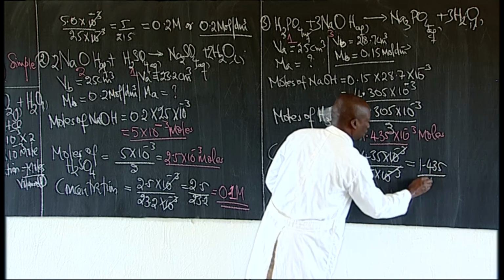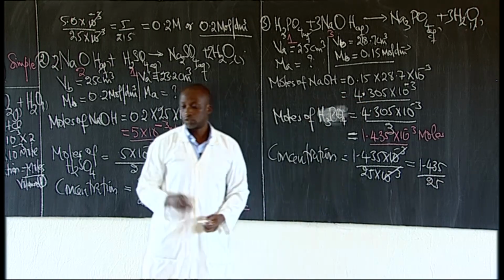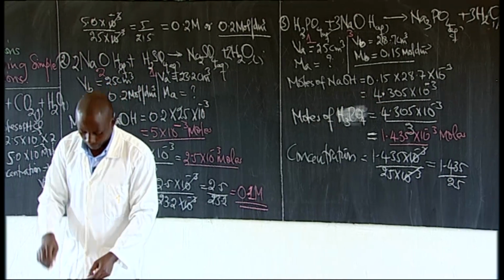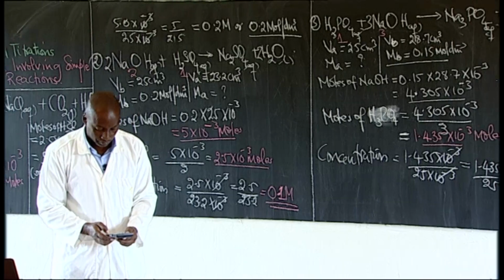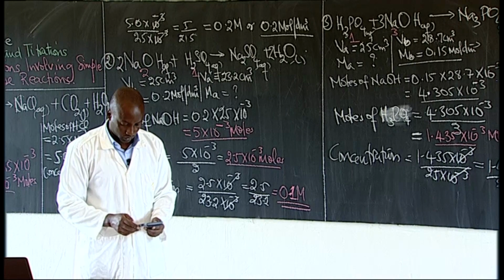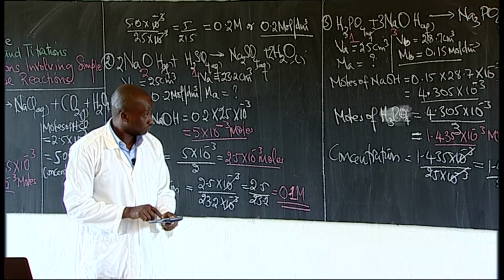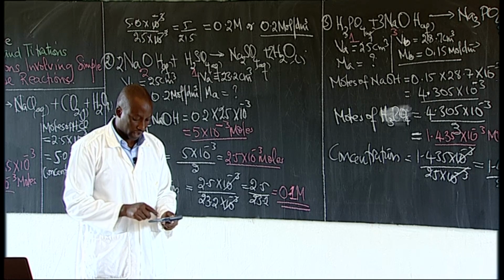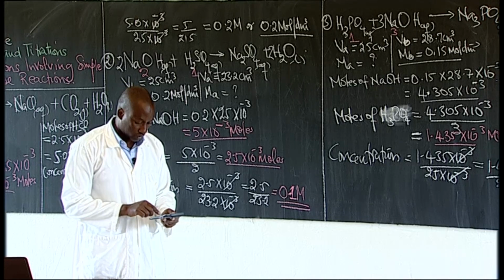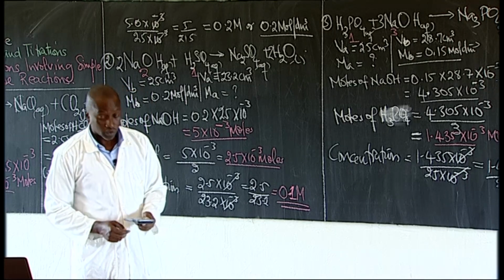1.435 divided by 25. Your calculator once again. 1.435 divided by 25. What do you have?